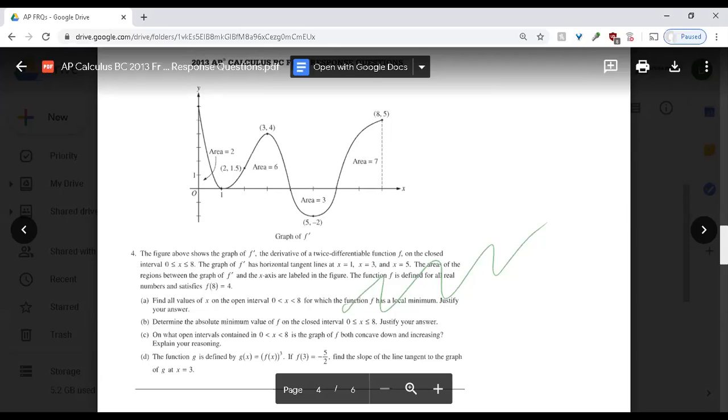So the critical point would be, it looks like it's at 6, because right here it's going from a negative to a positive. We're talking about the derivative. So my only critical point would be at, let's see, is it t or x? Looks like it's x. So for 4B, I'm going to test the candidates.